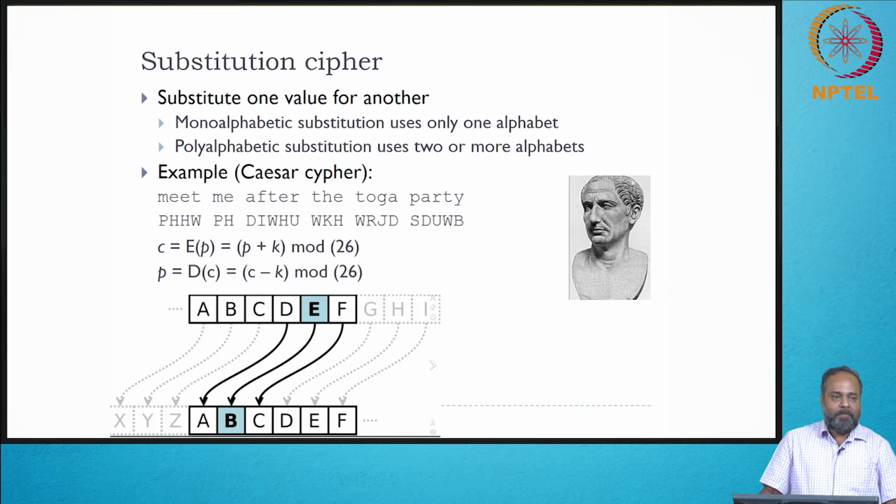You can have polyalphabetic substitution, where for each alphabet there can be a different rule. Okay. Then the key here is K, right. Here there is a key for encryption, which is K. Once that key is known, Caesar is gone, right. If the messenger knows the key, then he or she can read the message.